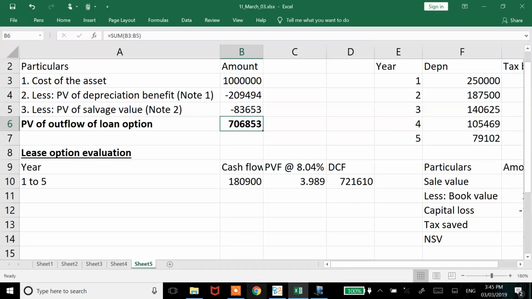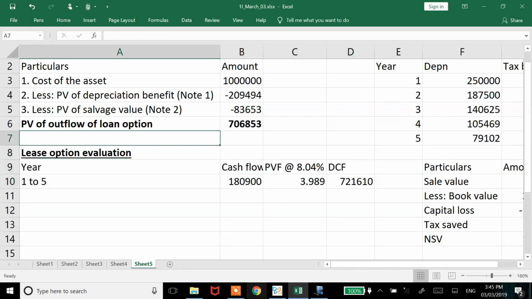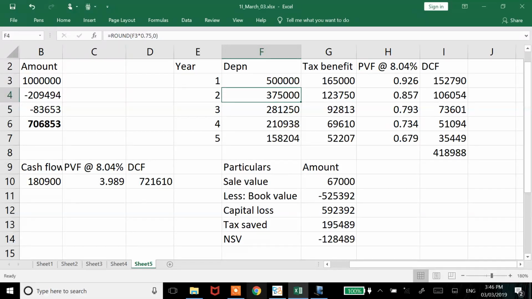Listen, when it comes to the cost of the asset, will anything change here? I don't know my cost of asset. Today I have my cost of asset as 10 lakh. Let's assume, just for imagination's sake, this is not 10 lakh and this is 20 lakh. The depreciation benefit has exactly doubled.